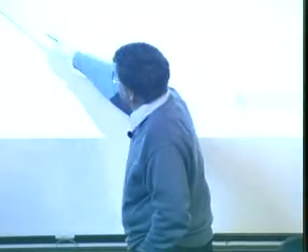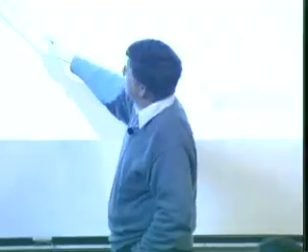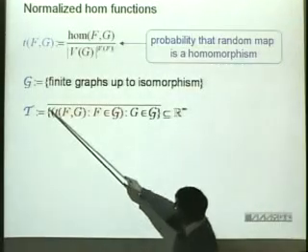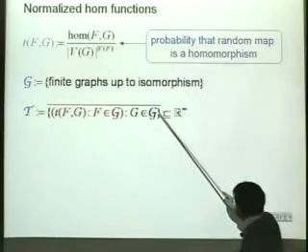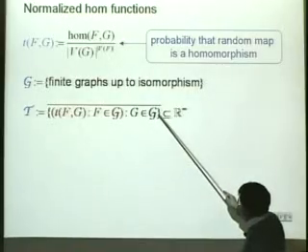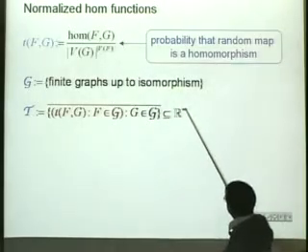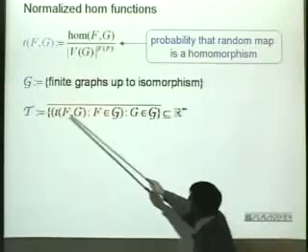And so to every G, I get this infinite vector, which has a coordinate for every F. And then I look at the set of all these vectors, and that's a countable set in R infinity, and then I take the closure of that.